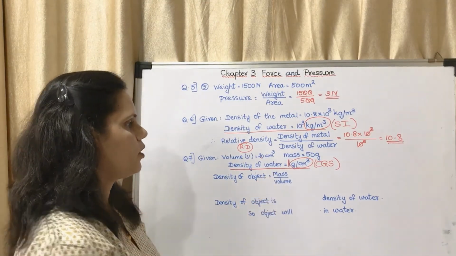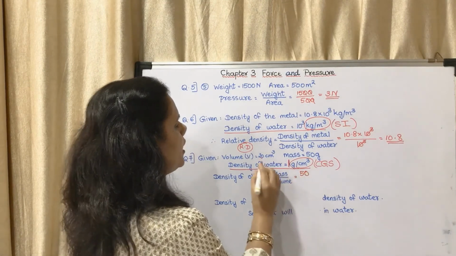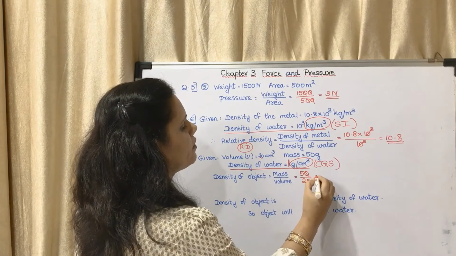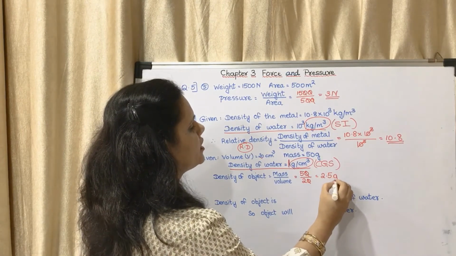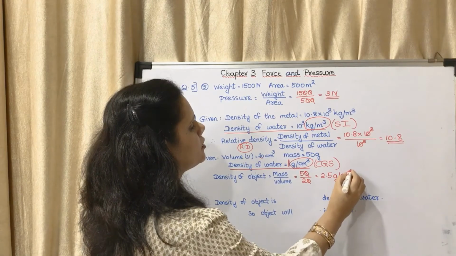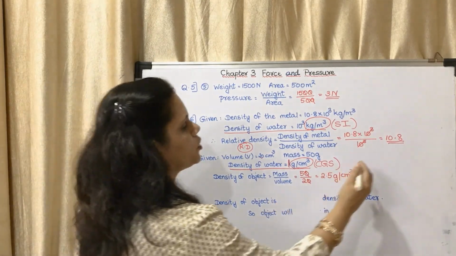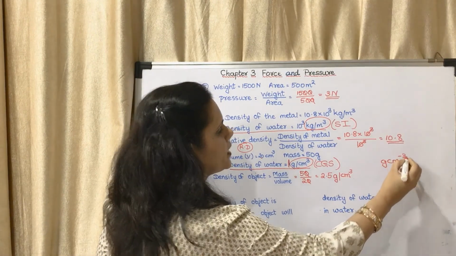Okay, now density of object you have to find out. It is mass upon volume. What is the mass? Mass is 50 and what is the volume? Volume is 20. So 5 upon 2, that will come to 2.5 gram per centimeter cube. Now in the textbook they have written it as gram centimeter raised to minus 3.